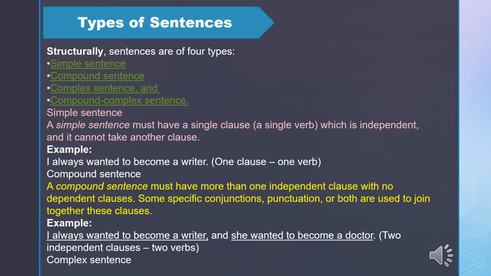So this is the main and specific feature of a compound sentence, that it has two independent clauses. The second part also, she wanted to become a doctor, can stand independently with complete sense. So this is the most specific feature of a compound sentence. So here we find that a simple sentence have a single clause, whereas a compound sentence have more than one independent clause.